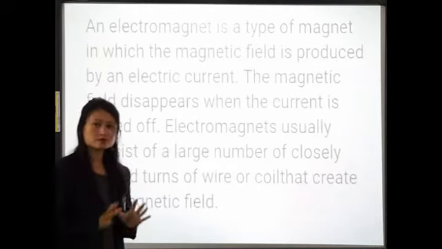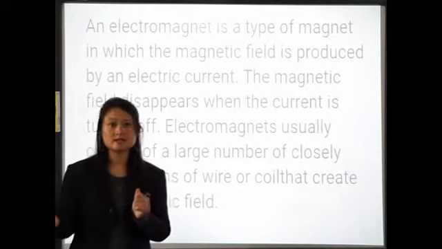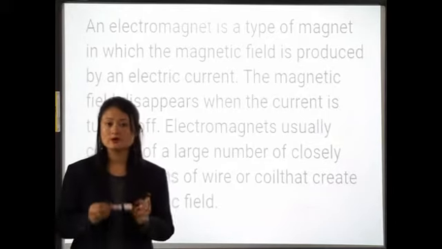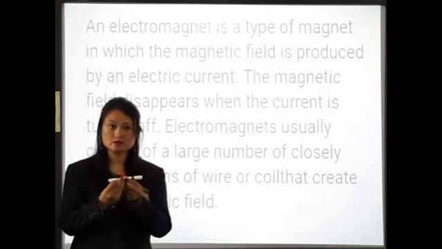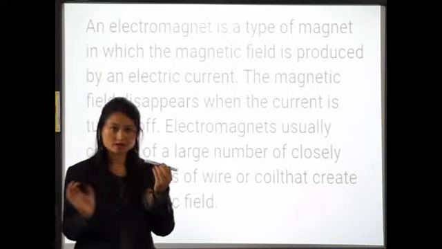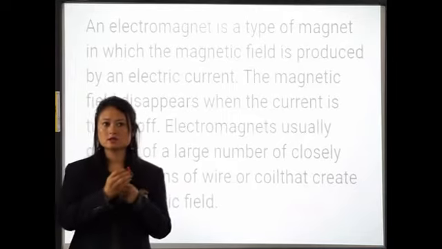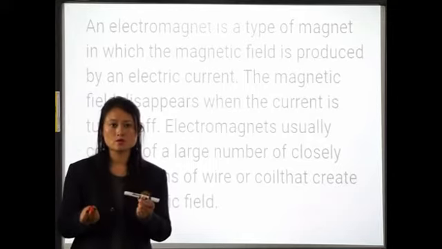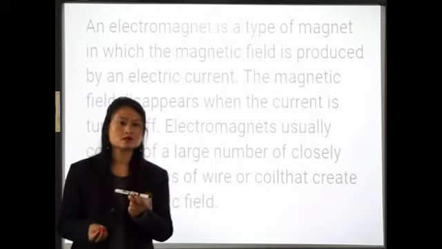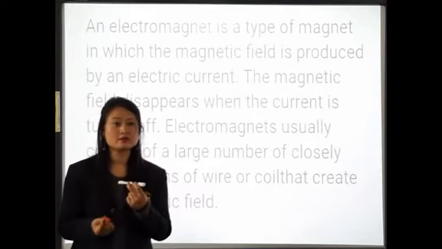So this is your electromagnet. And as soon as you turn it off, which means when you just disconnect the wire from the battery, the one which is attracted to it will automatically fall down. So what does it mean? It means when the current stops flowing, the magnetic field will be weak.